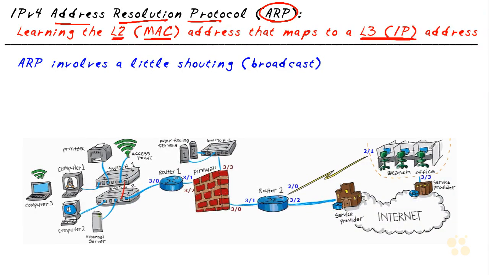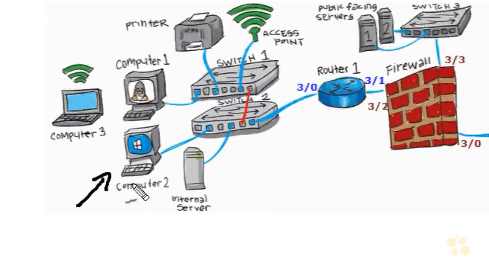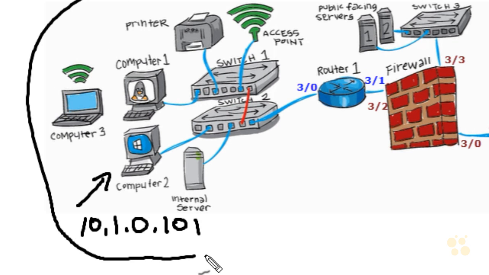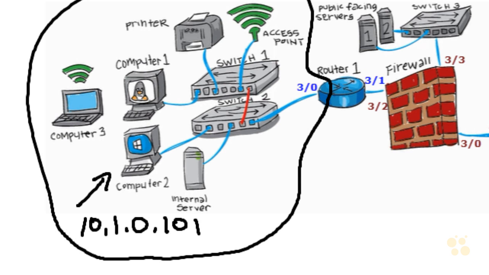So as an example, let's take computer 2 right here, and let's say computer 2 has the IP address of 10.1.0.101. And this router, which is on this same network segment right here, along with all these other devices I've just circled, is at the IP address of 10.1.0.1.